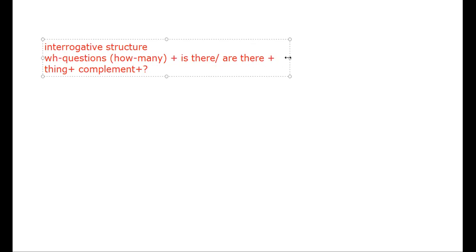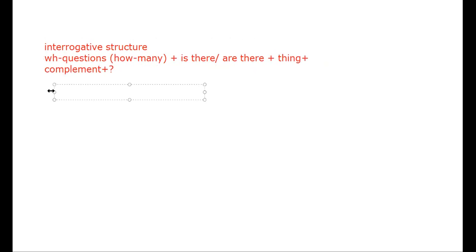Aquí cambia un poquito, ¿ok? Porque primero va el verbo to be, luego va la palabra there, y de ahí va lo que queremos expresar. ¿Ok? For example, ahorita lo voy a ocupar sin el WH question. Solo voy a ocupar el is there or are there.